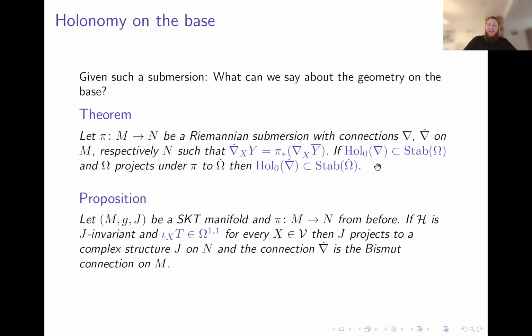So in the specific case of an SKT manifold and a submersion in SKT geometry, if we assume that the horizontal part is J-invariant, and for any vertical vector field, if we plug it into the torsion, this is a (1,1)-form, then it turns out that our complex structure projects from our SKT manifold M to this base N. And if it projects, we can immediately check that it's again a complex structure with the setup, and the connection, and this is basically an implication of the theorem before, has to preserve this projected J. So it has to be again a Hermitian connection on the base.